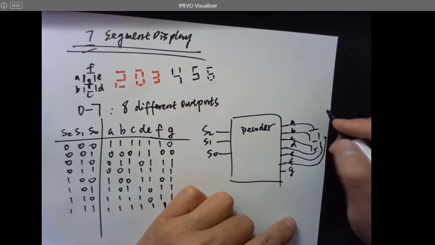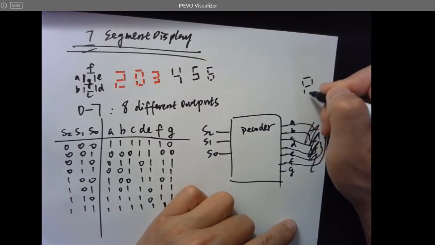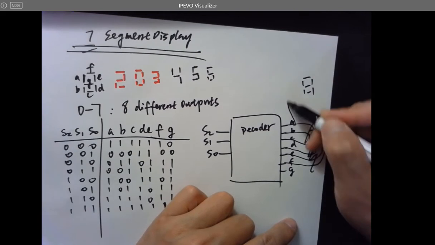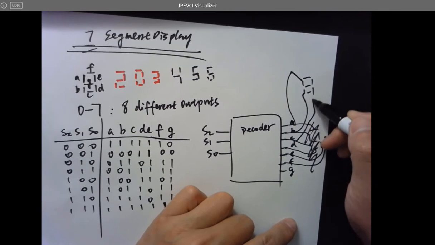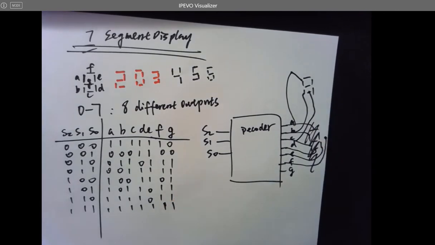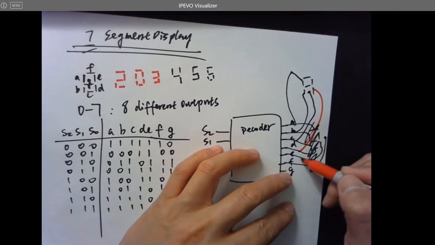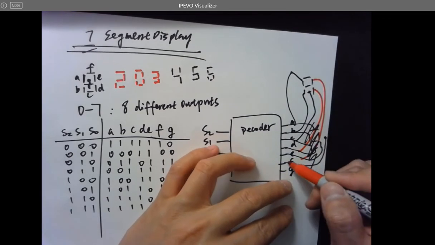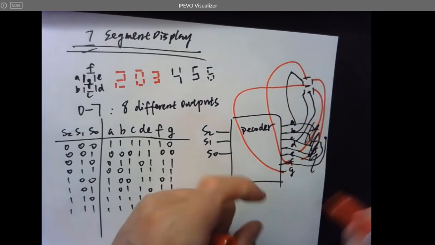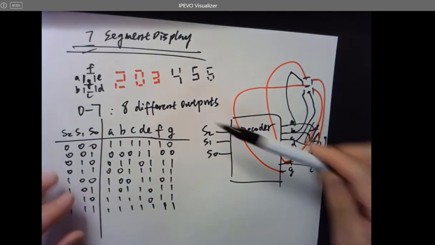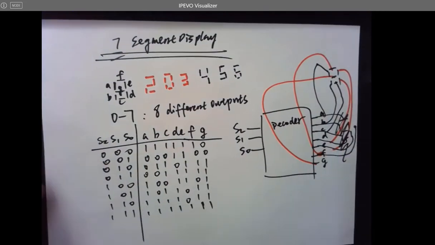Sorry, this is not right. A is here, B is here, C is here, D is here, E is here, F is here, G is in the middle. Whatever, this is just to let you know how that works, but you don't need to look at this at all.